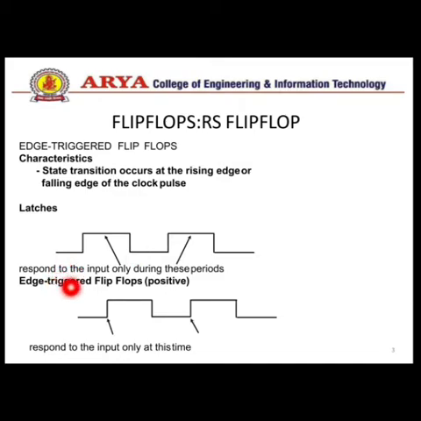An edge triggered flip-flop is either positive edge triggered or negative edge triggered. The positive edge triggered flip-flop works on the rising edge, and the negative edge triggered one works on the falling edge. So flip-flops are edge triggered, and latches are level triggered.